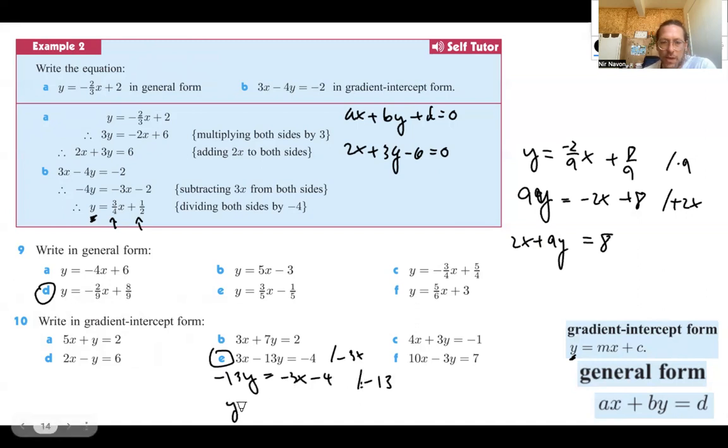Then I get y = -3/-13 x - 4/-13. That is y = 3/13 x + 4/13, because a minus divided by a minus is positive.